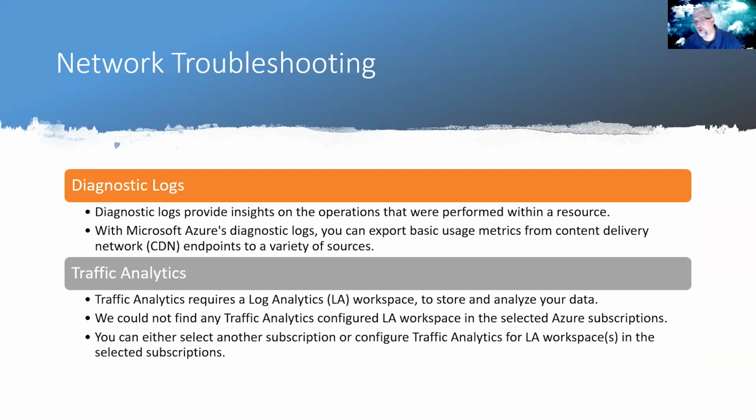That way you can query and you can see trends there. Traffic analytics requires a log analytics workspace. You're going to have one of those. You're going to have a storage account. So it's a good idea just to get used to it. Set up a policy in Azure Policy and just have it do it automatically for you, so you don't have to worry about it.